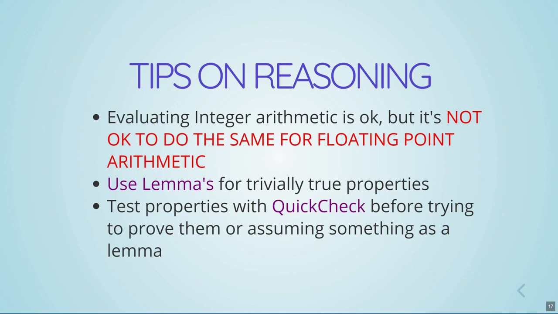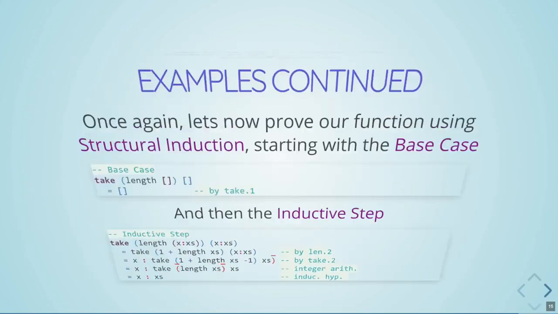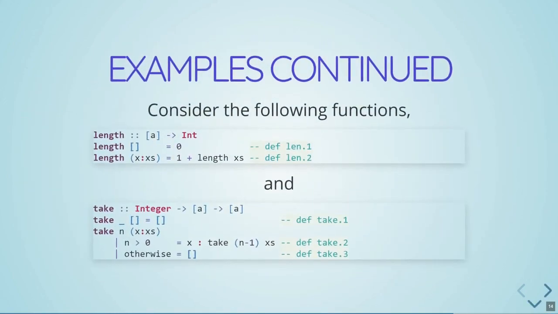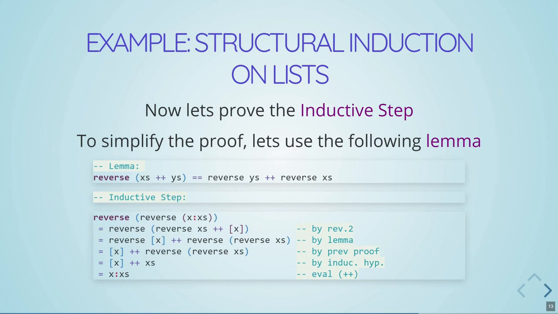Also, something we do, which is kind of the same as what I've been doing with the integer arithmetic stuff, is that I just create these lemmas for trivially true properties. So over and over again, I would run into points in my proofs, like in reverse here, where I'm stuck and I kind of know the equation that I want in order to continue.